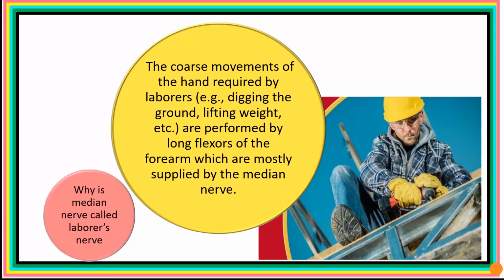It is because the coarse muscles of the hand required by the laborers, to dig, to lift, and do all those manual works, are actually performed by long flexors of the forearm. And these muscles are supplied by the median nerve.